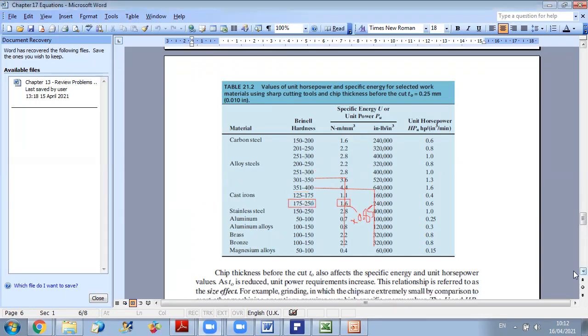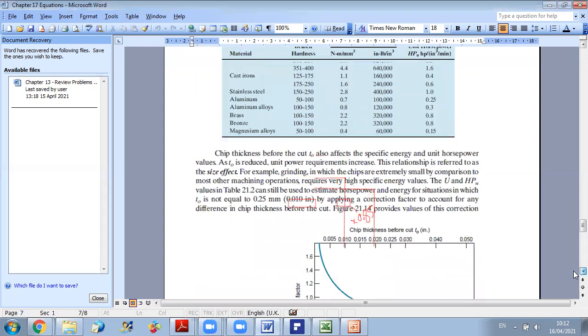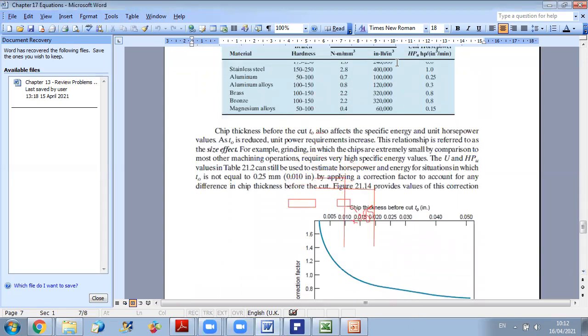So chip thickness before the cut also affects the specific energy and unit horsepower. As T0 is reduced, the unit power requirement will increase. Therefore, we have a relationship between the size of the cut and the correction factor, and the results were summarized in this graph.